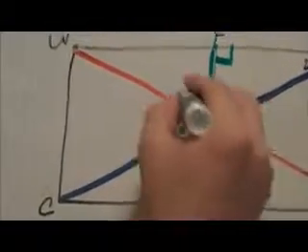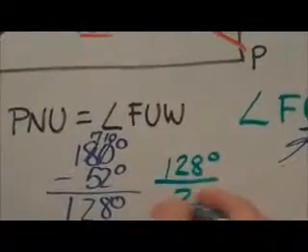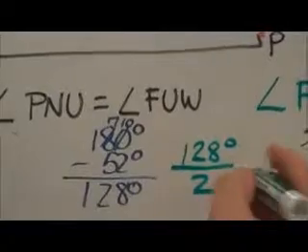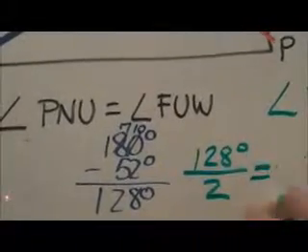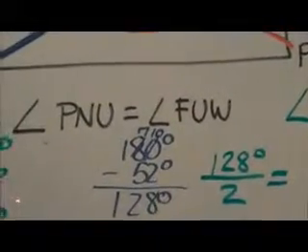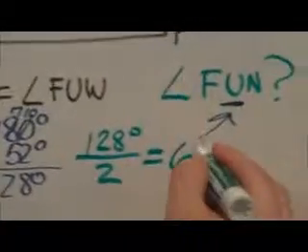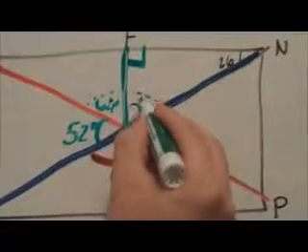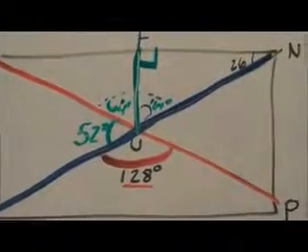It's supposed to be 128 degrees, so I'm going to take 128 degrees and divide by 2. And my cameraman knows that that's going to be 64. 64 what? Degrees. So I've got 64 degrees here and 64 degrees here.